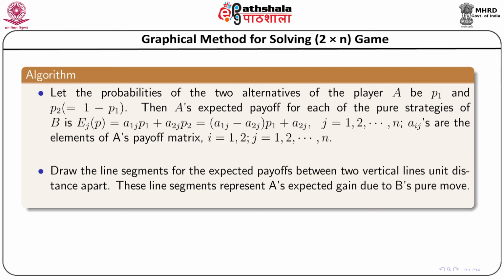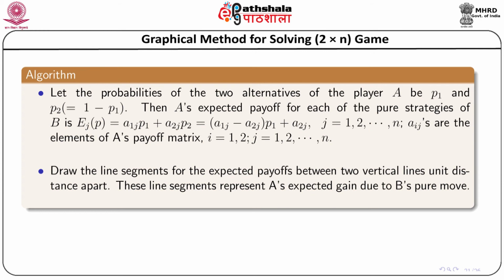Then A's expected payoff for each of the pure strategies of B is Ej = A1j P1 + A2j P2, which can be simplified as (A1j - A2j) P1 + A2j, where j equals 1 up to n, and Aij's are the elements of A's pay-off matrix.